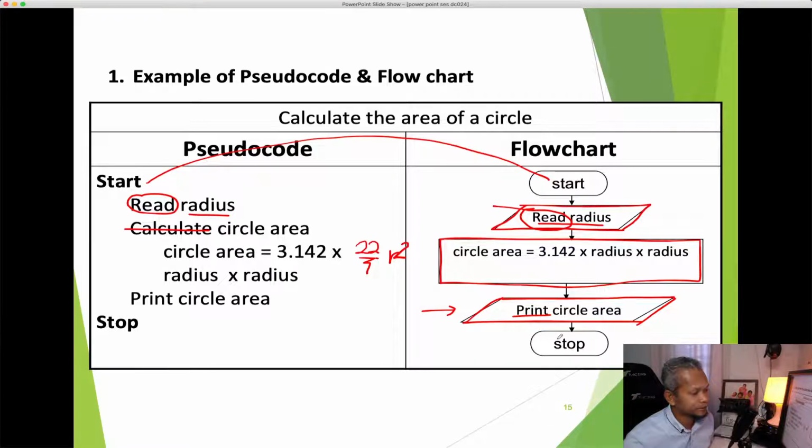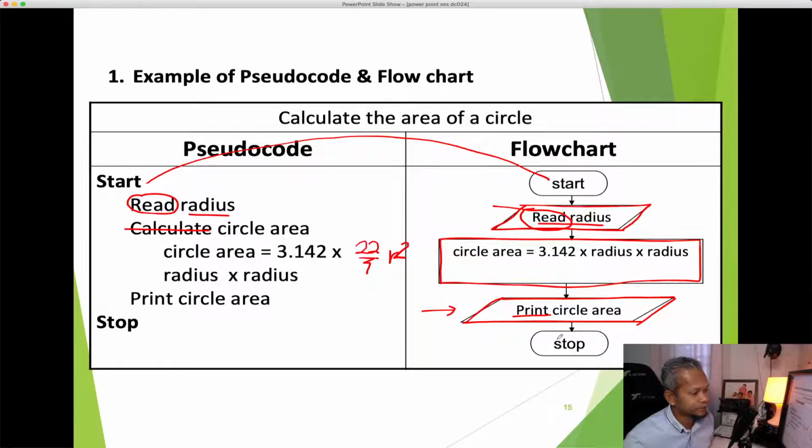Okay, this is the decision. We are using this diamond shape to make a logic or comparison operation.